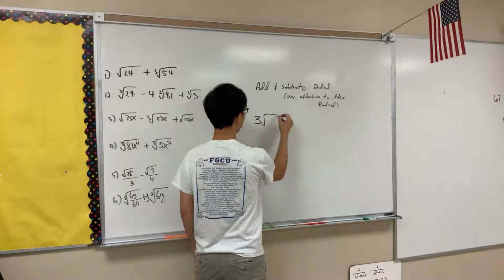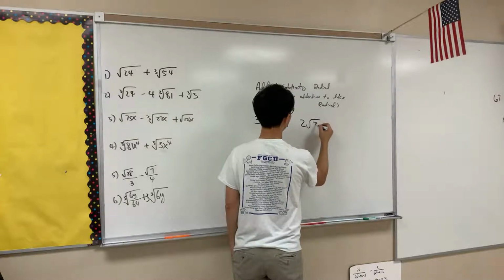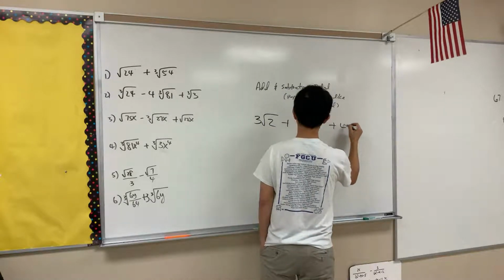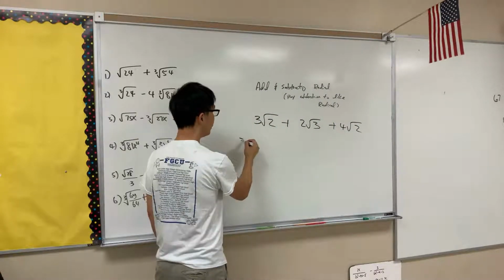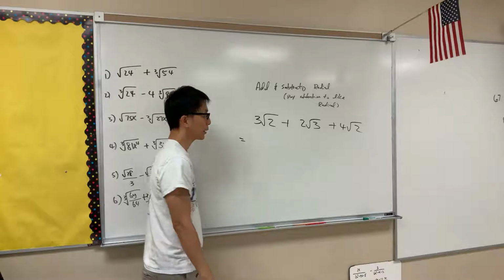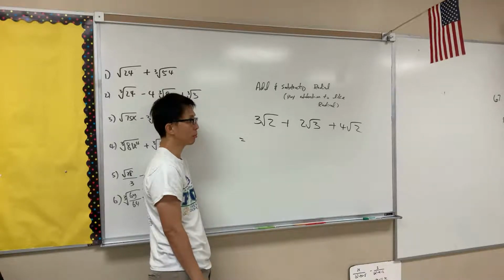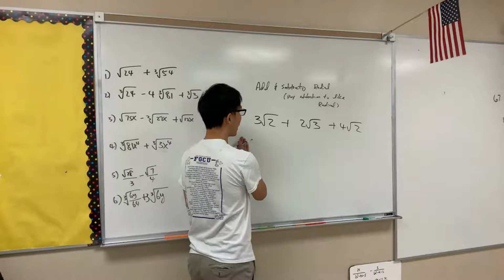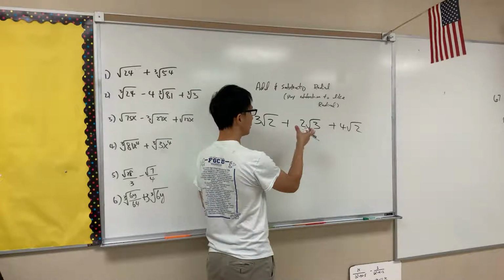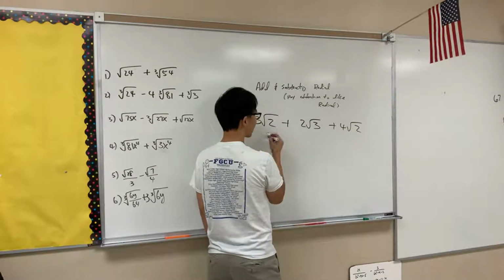if you've got 3 square root of 2 plus 2 square root of 3 and then plus 4 square root of 2, can I add all the radicals together? Think of it like terms.